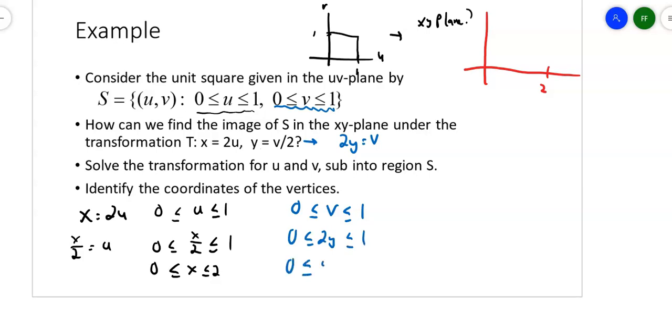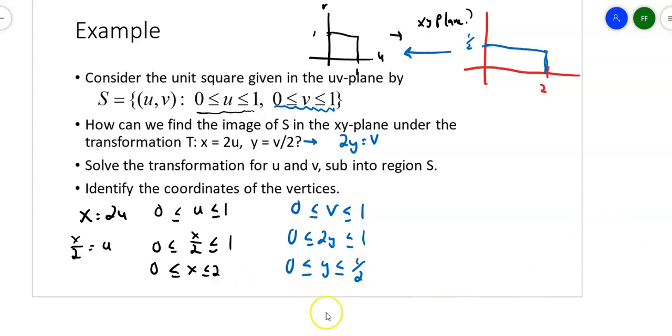So I get 0 less than or equal to y less than or equal to a half. So this was the original rectangle in the xy plane, and by using that transformation, we were able to transform it into a unit square on the UV plane. All right, not so bad so far.